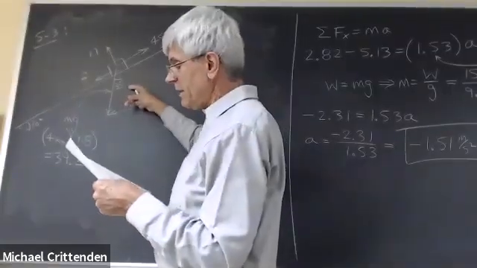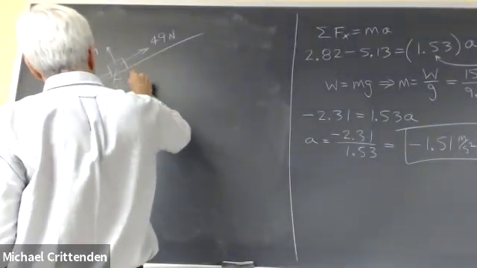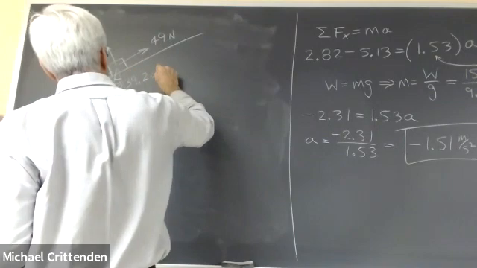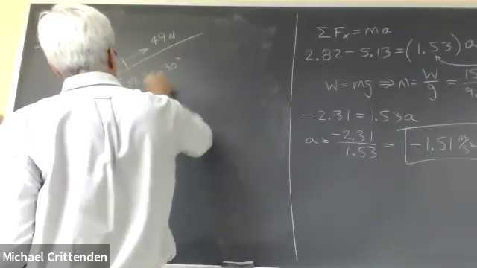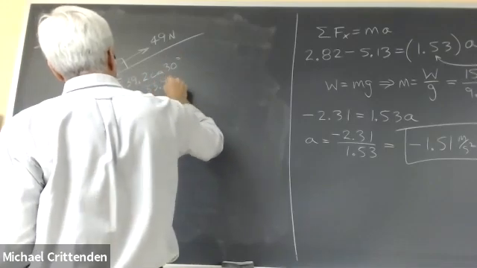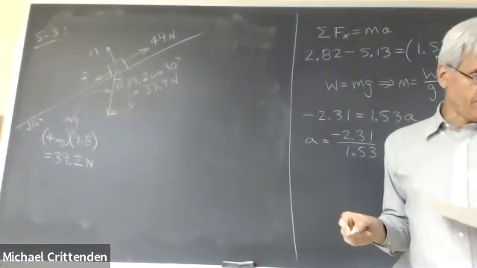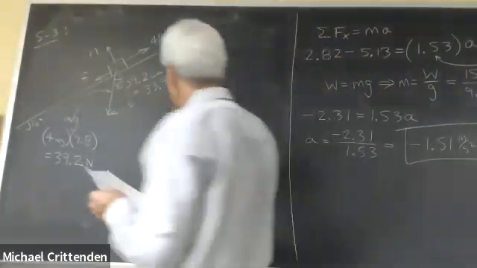Hypotenuse times cosine is the adjacent side. And hypotenuse times sine is the opposite side.